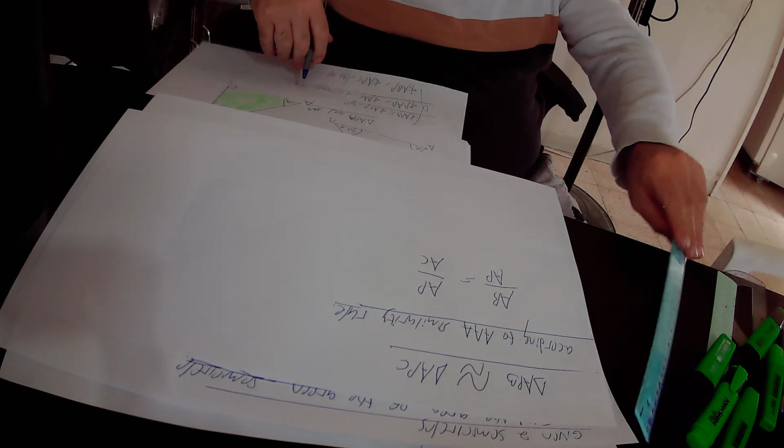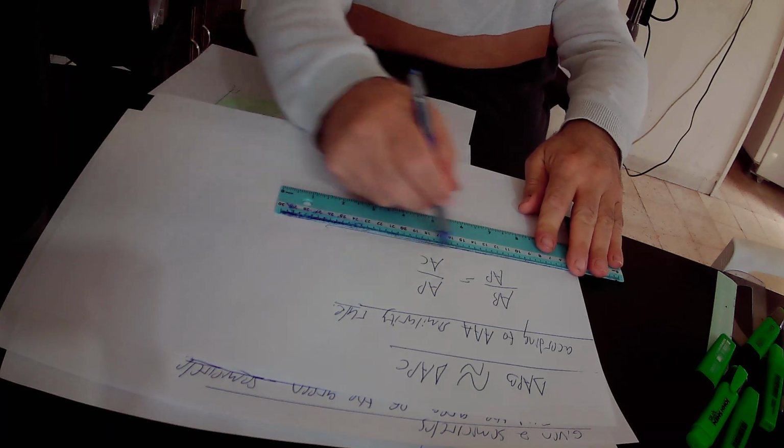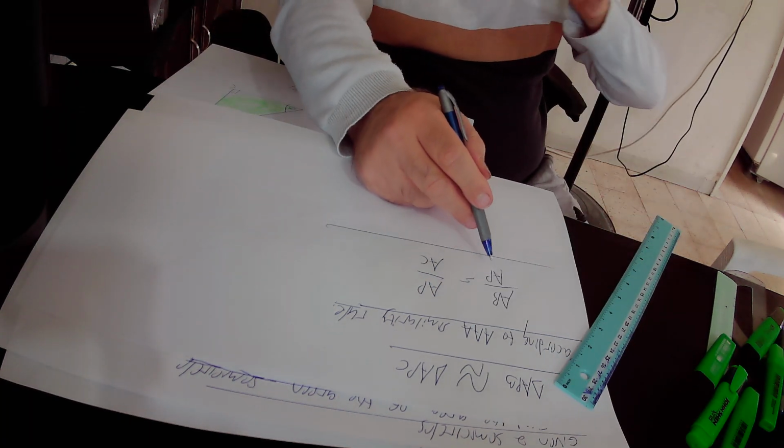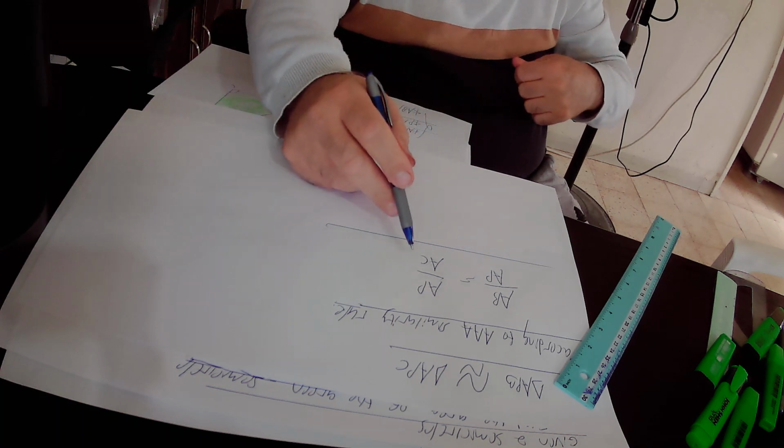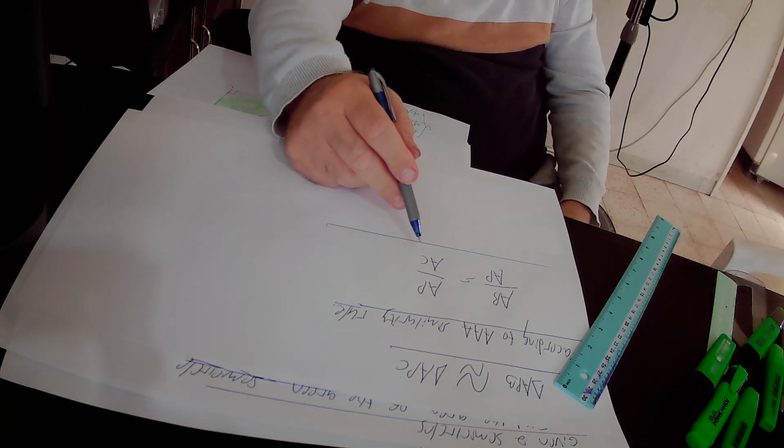Again, we derive that side AB in the white triangle over side AP in the green triangle equals side AP in the white triangle over side AC in the green triangle.